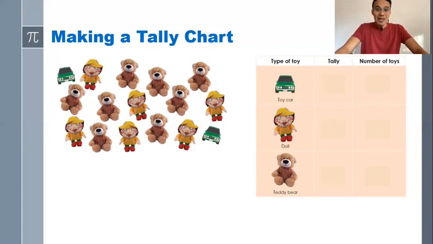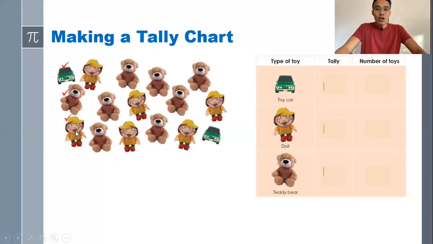To do the tally mark, we have to tick on the picture we have already counted, just like this. Tick on the toy car and make sure to put one tally mark under the tally column. Next, we tick on one teddy bear and there should be one tally mark under this column.